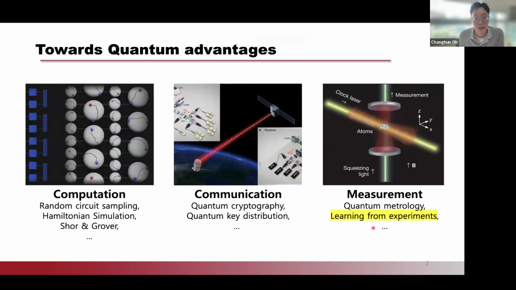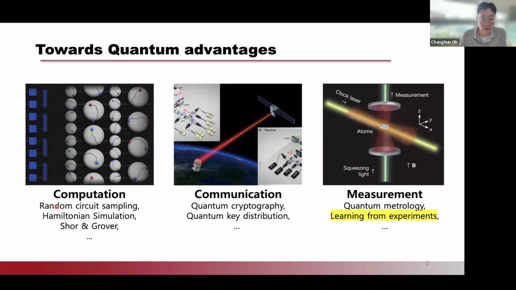Let me just give you some background here. Typically, much of the research in quantum information processing aims to find and characterize quantum advantage using quantum resources. For example, in quantum computation, we hope to find certain quantum algorithms that cannot be simulated using classical computers.